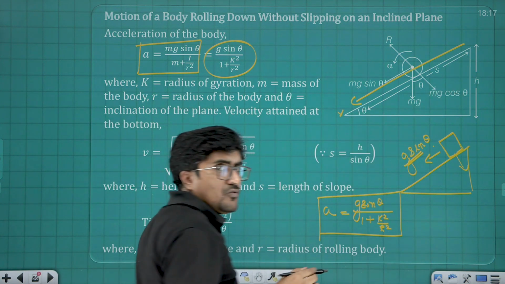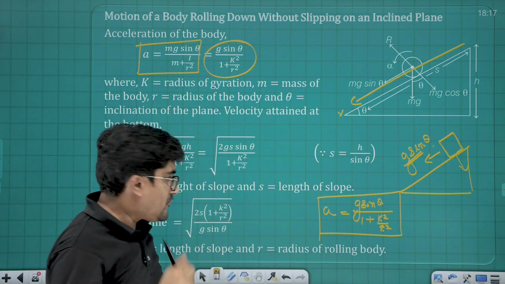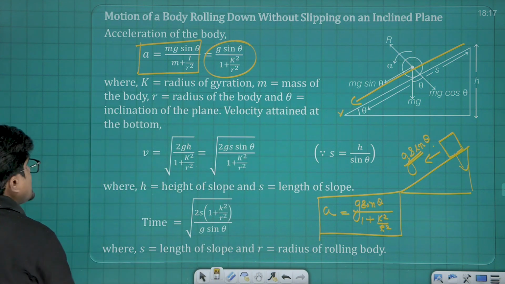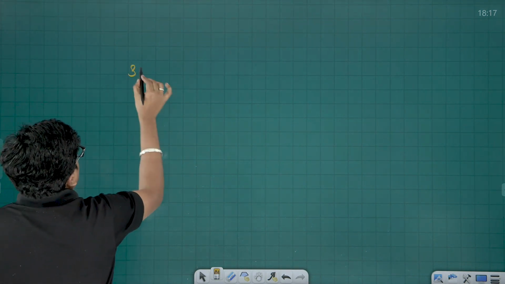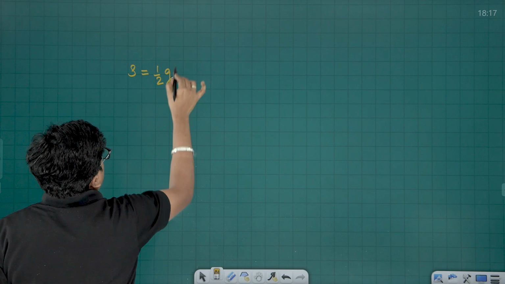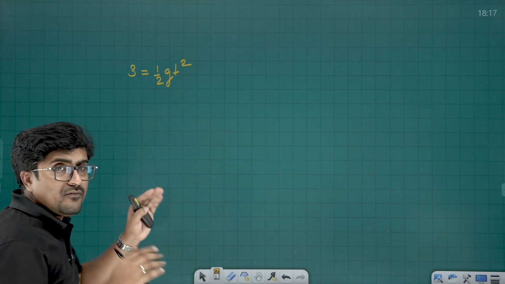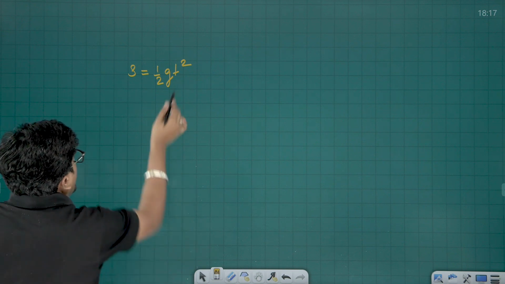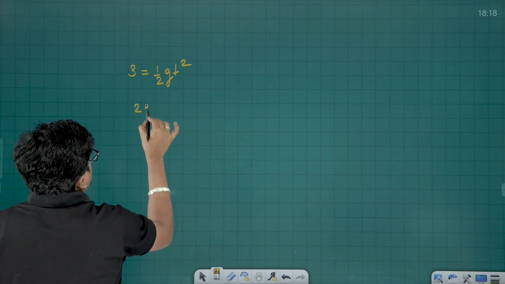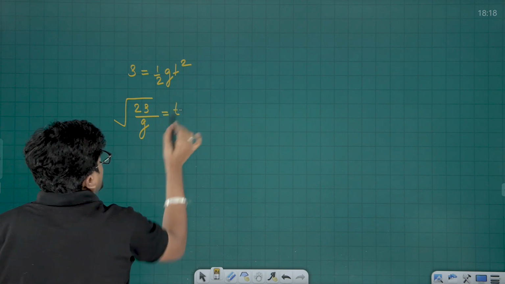If it is allowed to start from a state of rest, then down the plane it travels a distance of half of a t square. This is the case where we consider it as a single block. If I rearrange this, t is going to be the square root of 2s upon a. That will give the time taken.